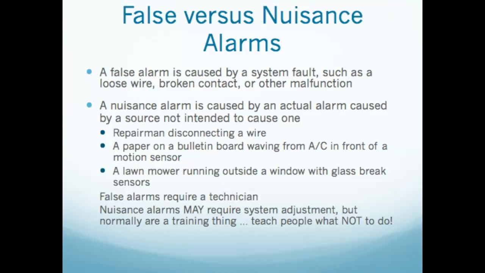It seems to be working fine when I test it, but I keep getting alarms, and they may find the nuisance for you. But normally a nuisance is something you can either fix yourself by seeing what's tripping the alarm, seeing what's causing it to do exactly what you wanted it to do just at the wrong time. But if it's false, you require a repair. That's the difference between false and nuisance alarms.